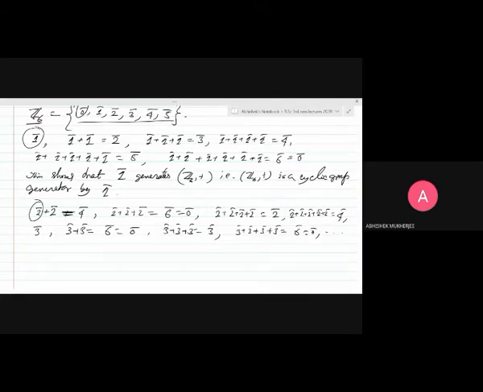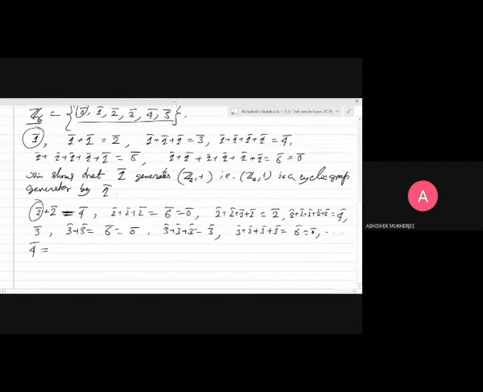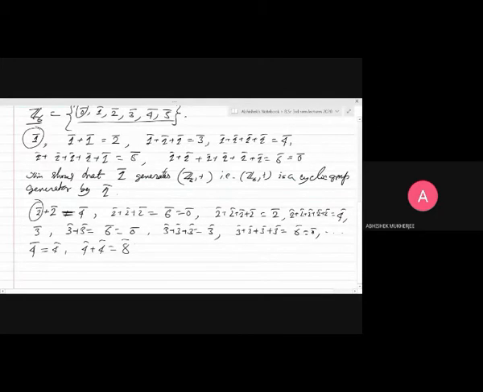Now what about 4 class? 4 plus 4 is 8, that means it is 2 class. One more, it is 6, that is 0 class.